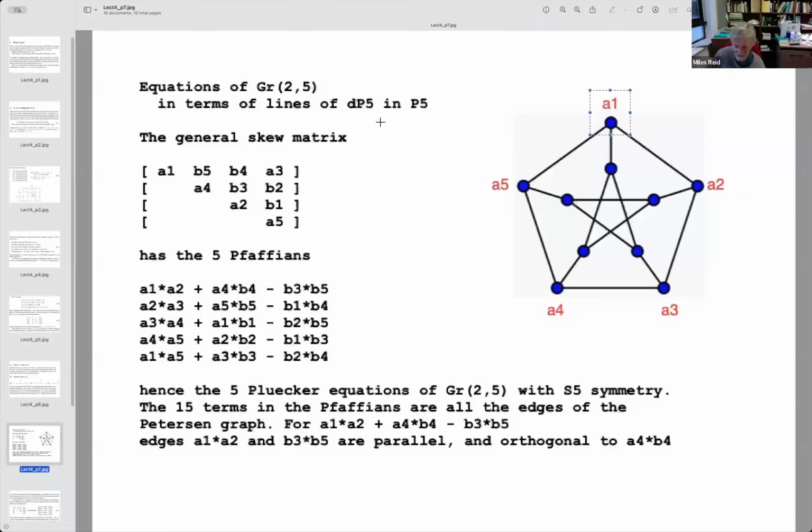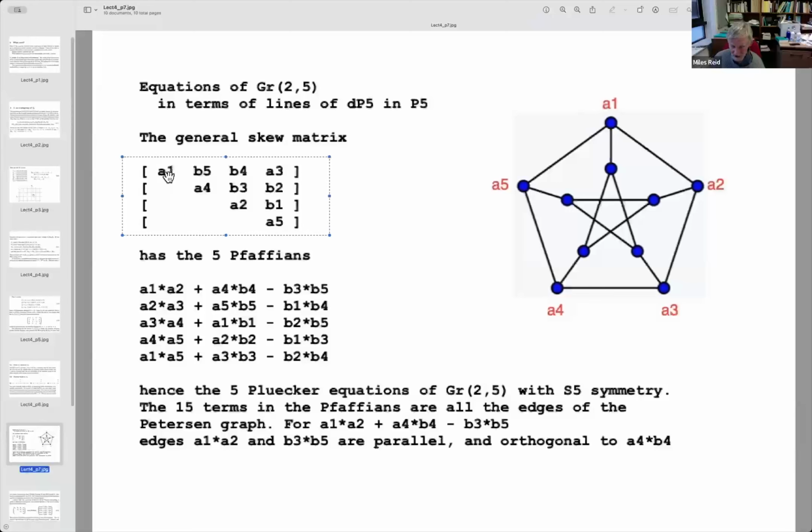So this is a famous graph. It has symmetry of Gr(2,5), and I can write its nodes as a 5x5 skew matrix.